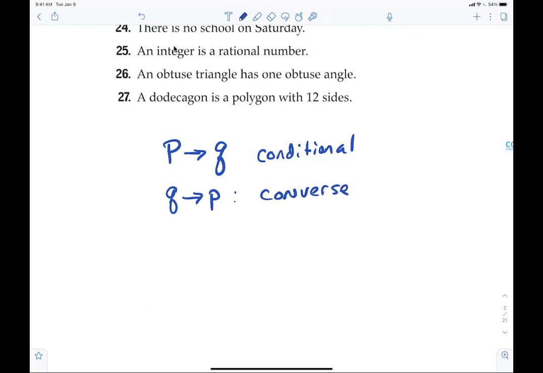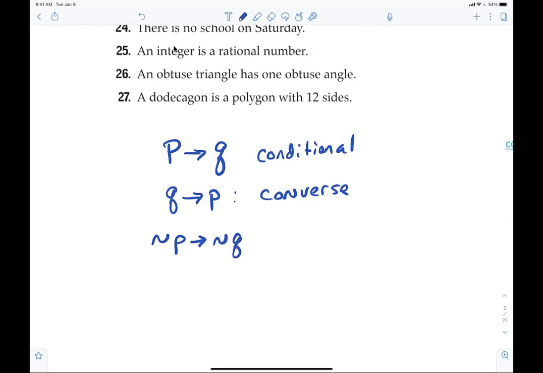Converse is when you switch the hypothesis and the conclusion. You with me on that? The next one we're getting ready to do is called the inverse. And the inverse is the negation. So you would say, if not P, then not Q.